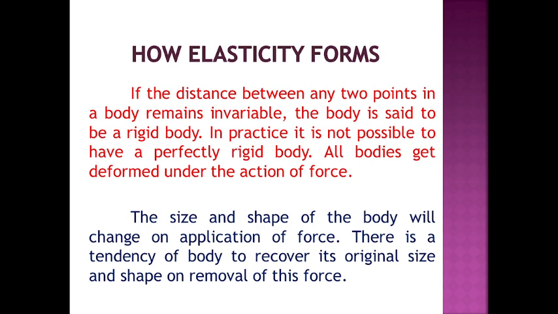There is a tendency of the body to recover its original size and shape on removal of that applied force. So the body can come to its original size and shape if we remove the external force. Such a property we call elasticity.